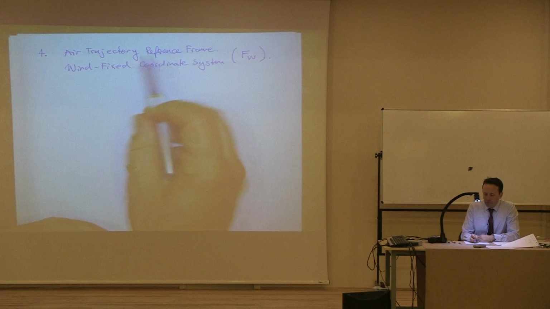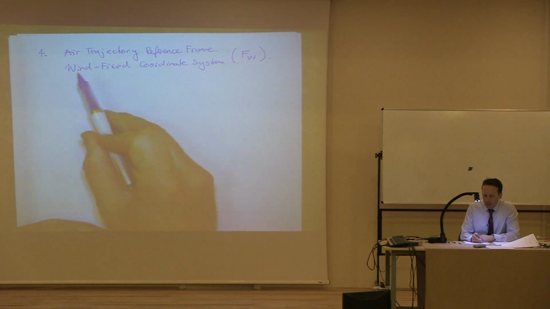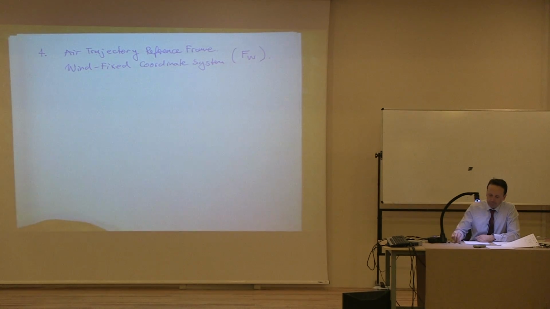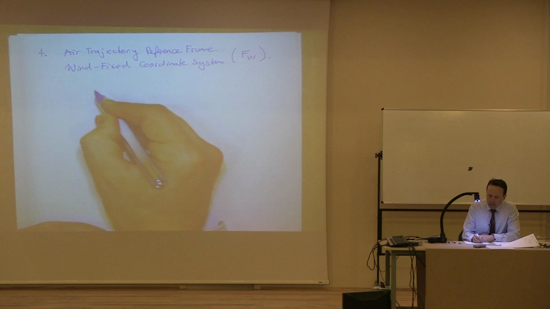It's the air trajectory reference frame, and the coordinate system that is attached to that is called the wind fixed coordinate system. Now, let's say you have an airplane.